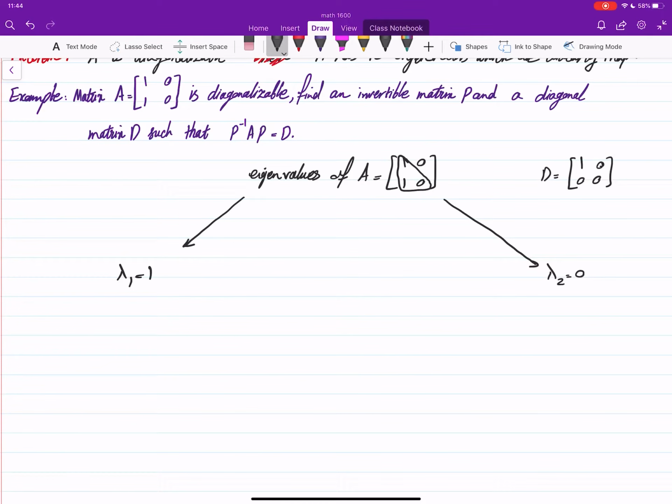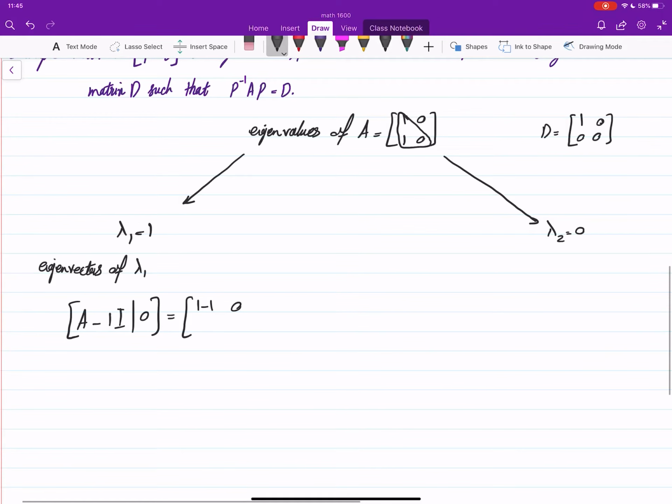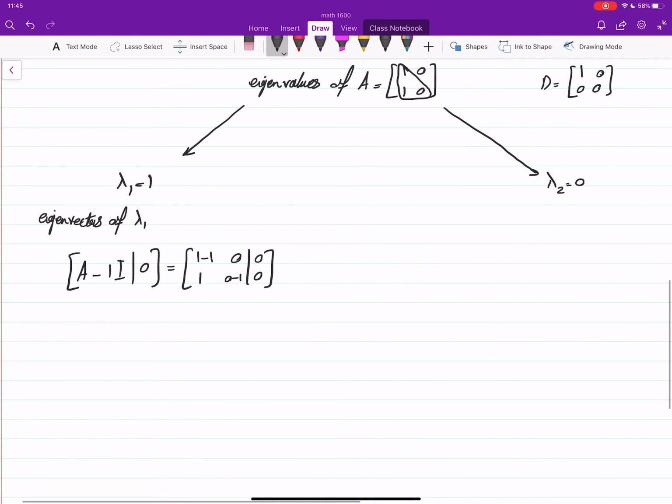How about the invertible matrix P? Let's see the eigenvectors of this matrix. For lambda 1, we have to solve A minus 1 times identity times the vector equal to 0. It gives us 1 minus 1, 0, 1, 0 minus 1, which is the same thing as 0, 0, 1, negative 1.